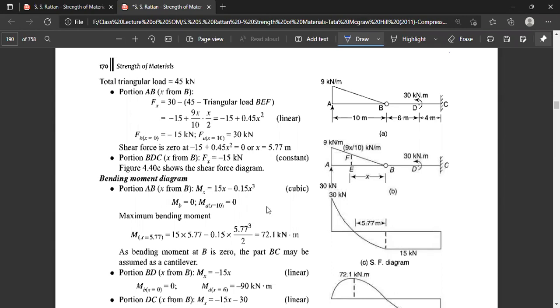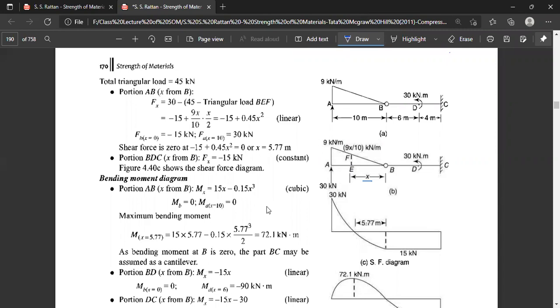Let the portion AB, x from the end B, then Mx is equal to 15x minus 0.15 x cube. MB at the point B is equal to 0, and MA, where x is equal to 10, is also equal to 0.